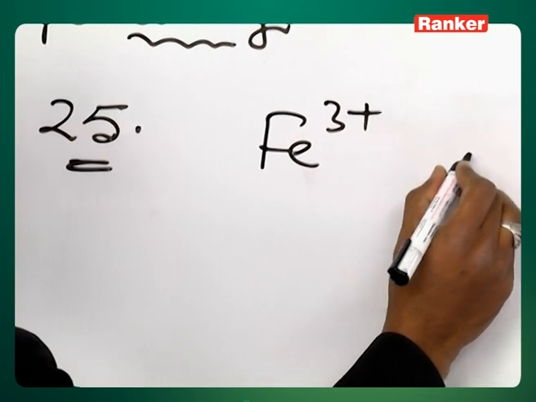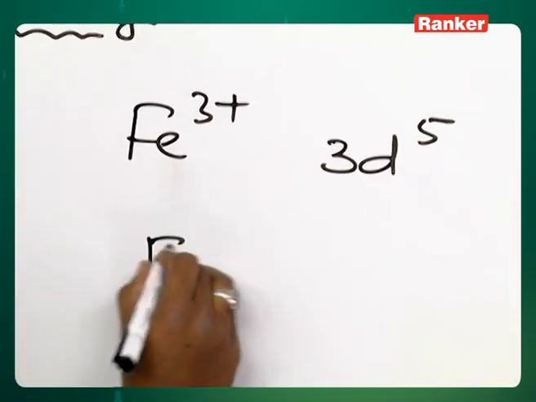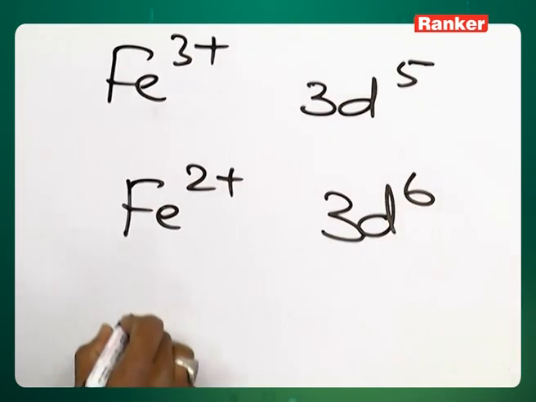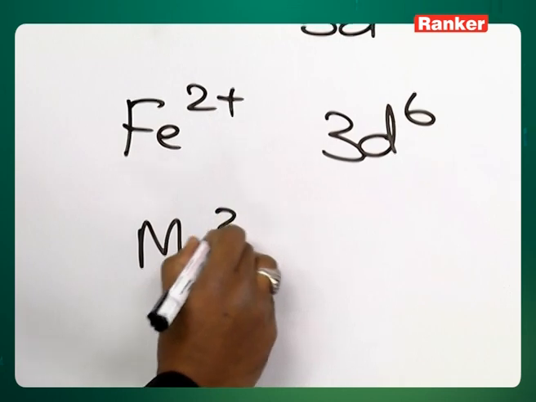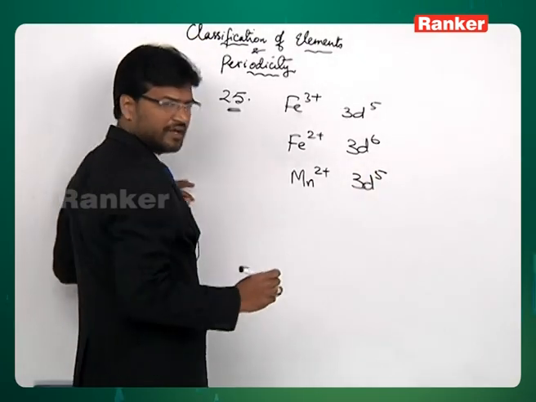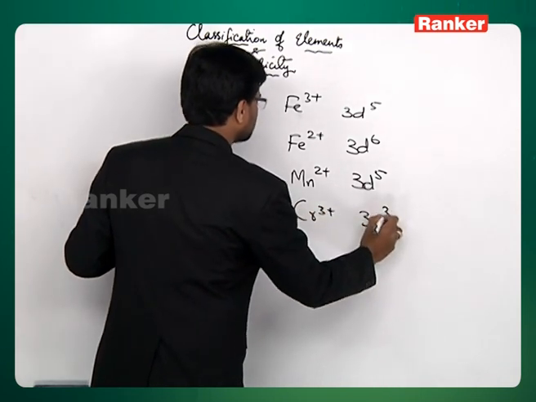Ferric is 3d5, ferrous is 3d6, manganese is 3d5 and we have Cr3+, which is 3d3.